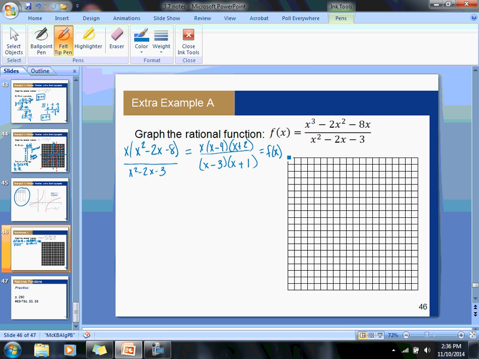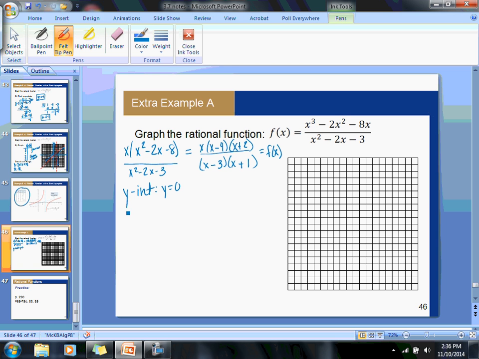Okay, my y-intercept, if I plug 0 in for x everywhere in my numerator, I end up getting 0 over negative 3. So that's just going to be 0. And then for my x-intercepts, remember those are the values that make your numerator 0.